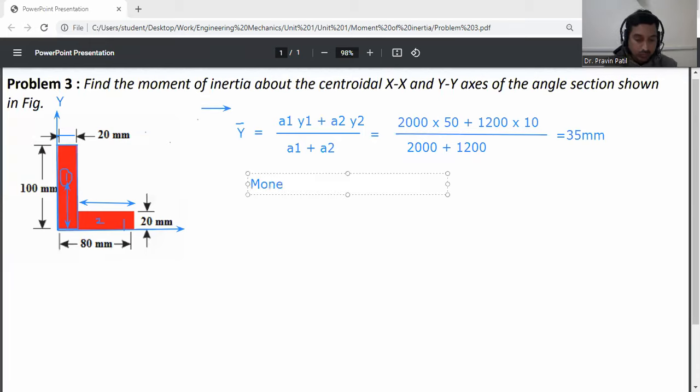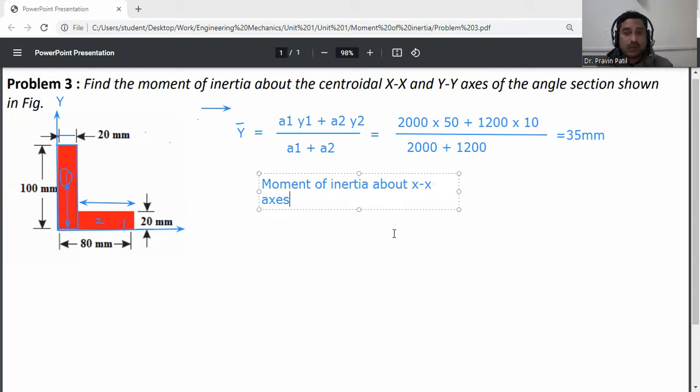Now calculate the moment of inertia about the x-axis.